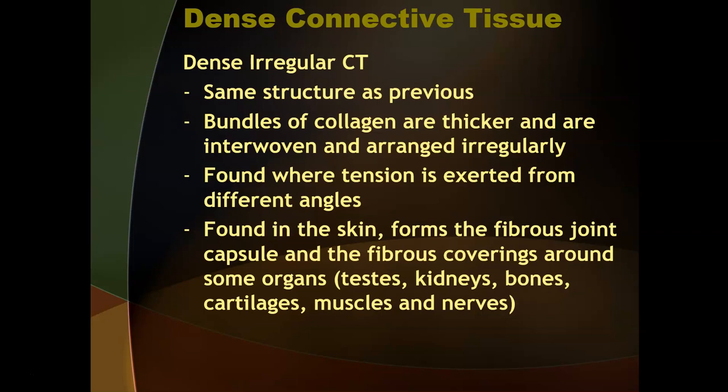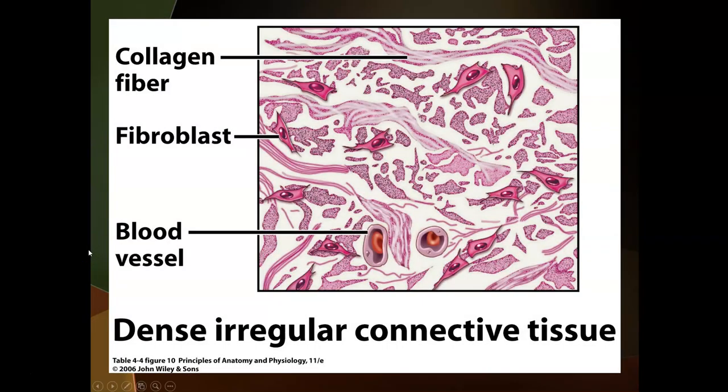It forms the fibrous joint capsule around joints, which again involves movement in different directions. It also forms the fibrous covering around some organs, such as the testes, the kidneys, bones, cartilages, muscle, and nerves. So we see here collagen fibers bundled up in all different directions. Here are our fibroblasts that help make the fibers, but we can see here a very irregular laydown of the fibers.